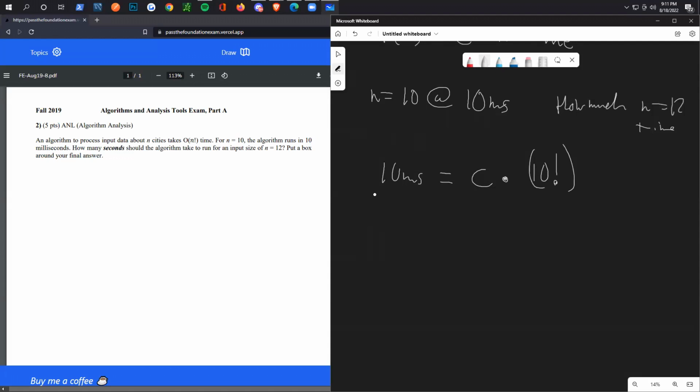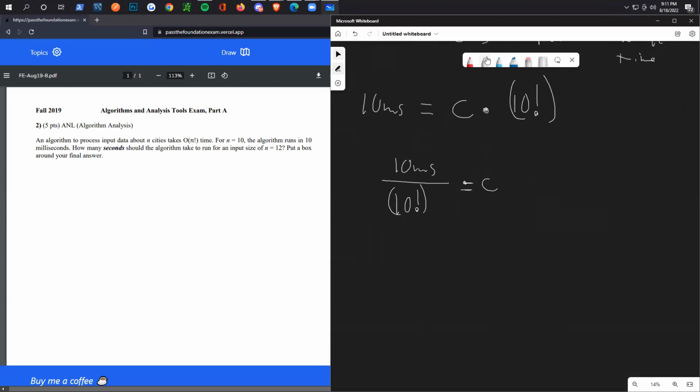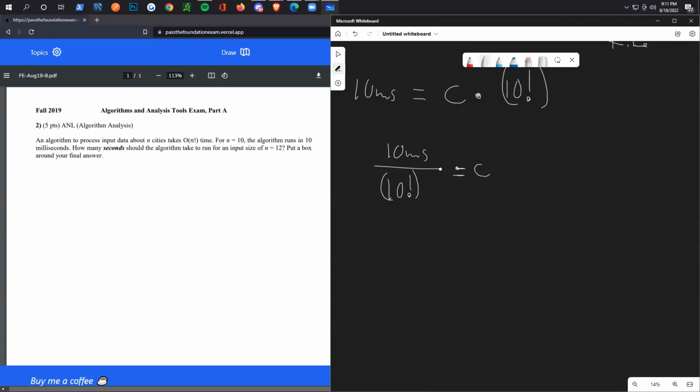So we're going to have 10 ms over 10 factorial equals c. And with one quick thing to simplify this right here, we could also not, but let's just do it right now.